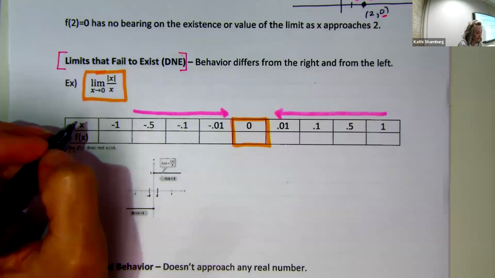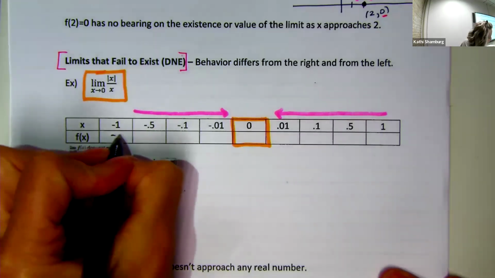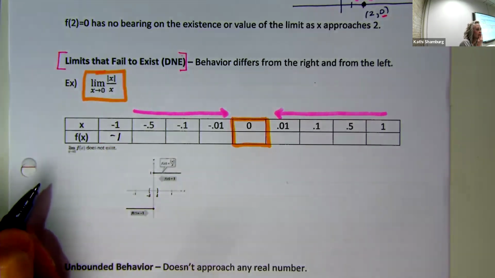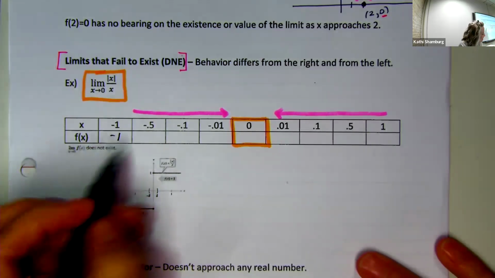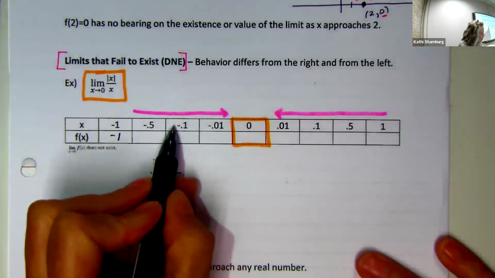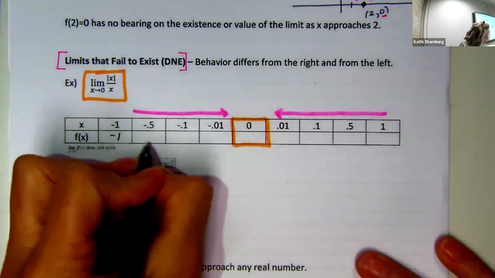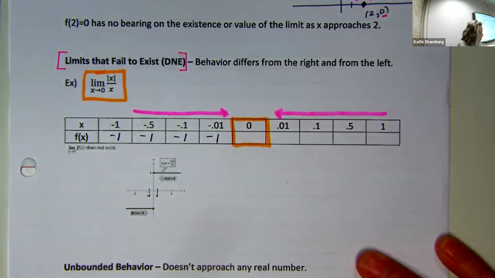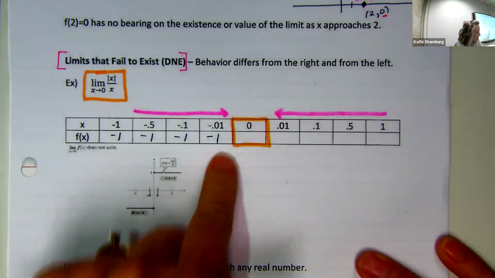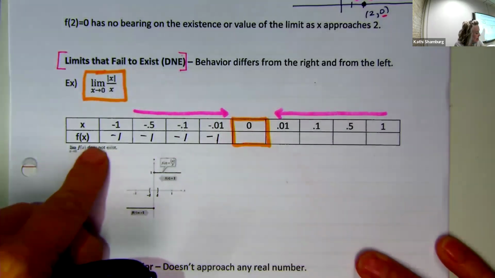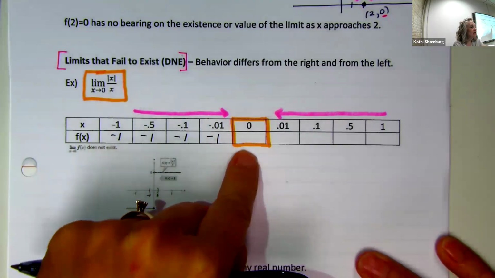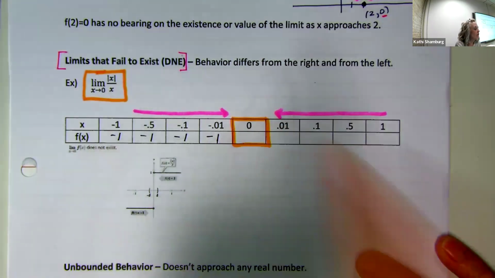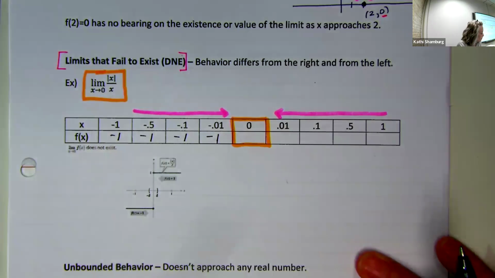So you'd have 1 over -1, which is just -1. And what you would find is every one of these numbers, when you did that, you're going to get -1. So from the left, as x is approaching 0, the output is also approaching -1. That's what's going on as we approach or do the limit to the left.